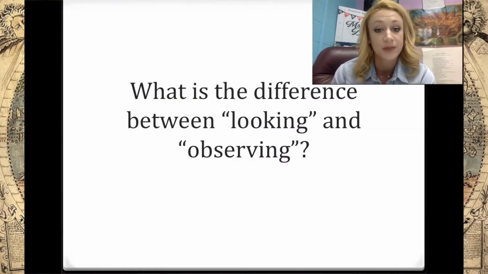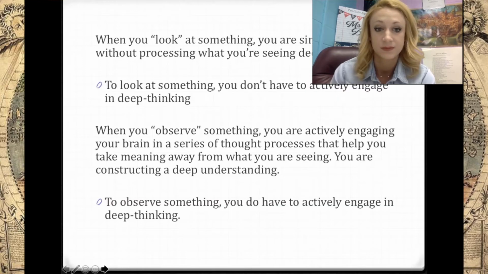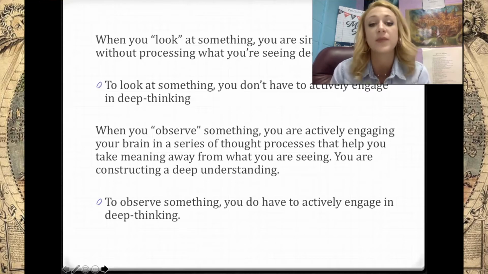Let's start with a very basic question: what is the difference between looking at something and observing something? Think about that question for a moment. When you look at something, you are simply seeing it without processing what you're seeing deeply.